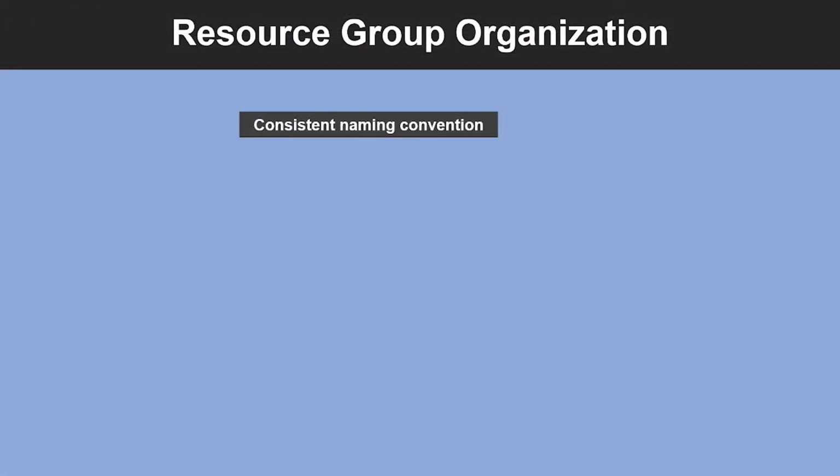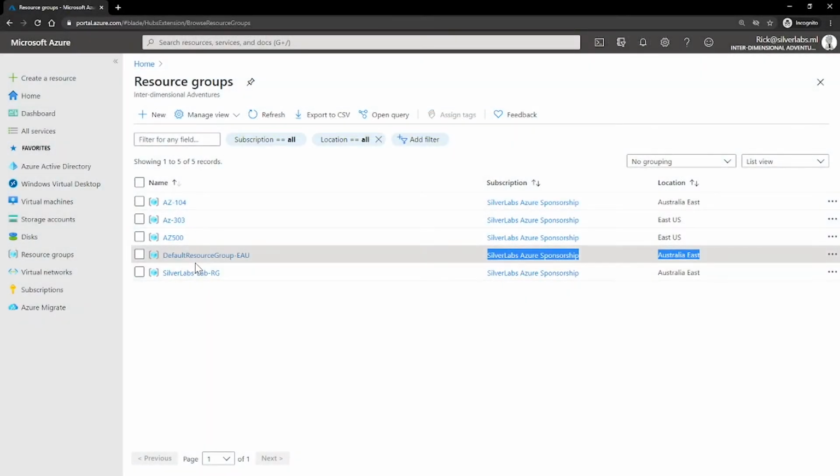Now let us learn about resource group organization. The first way to organize is by having a consistent naming convention. The name indicates what it is used for, the type of resources contained within it, and the type of resource it is itself. This descriptive name gives us a better idea of what it is.